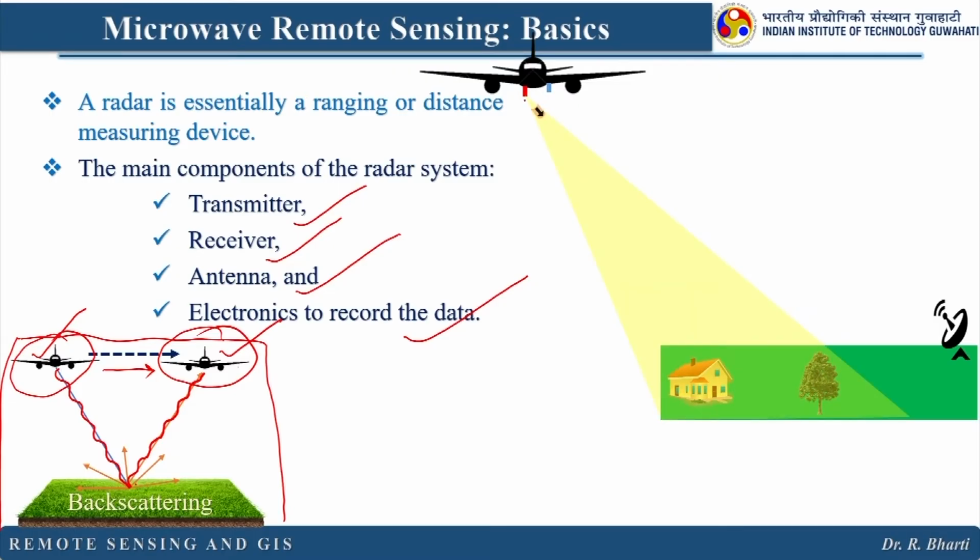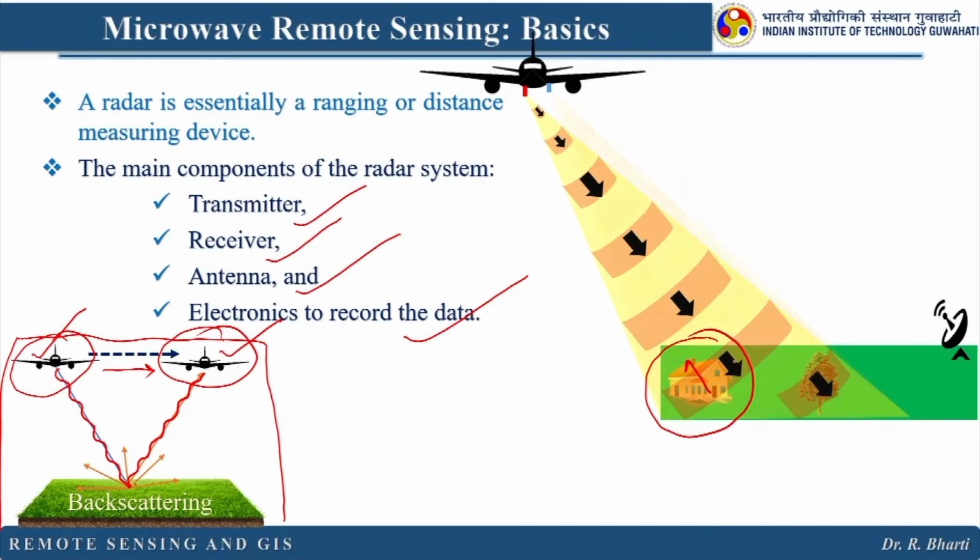The satellite which is illuminating this area will release pulses, and the moment the first object interacts with these echoes, it will get backscattered. The backscattered value will go back to your satellite or sensor and be recorded.